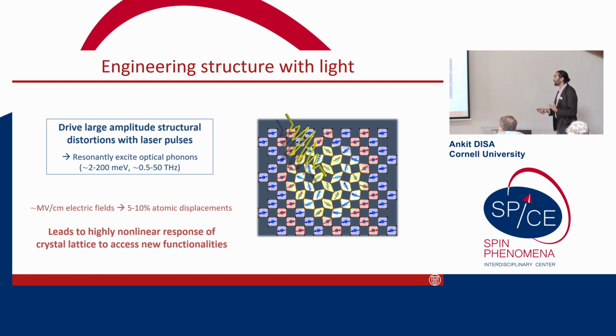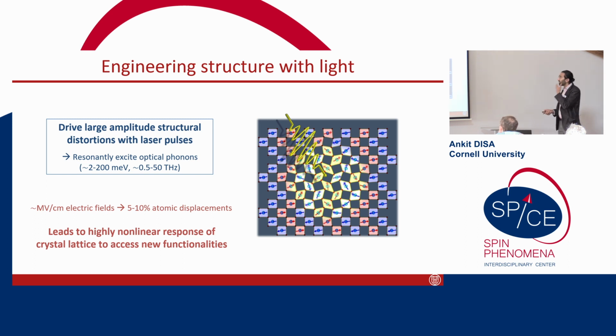And this can lead to essentially atomic displacements on the order of 5 or 10% of the equilibrium bond length, right? And so with these huge atomic displacements, the response of the crystal lattice is highly nonlinear, and that allows you to access new crystal structures that don't exist in equilibrium, which then come along with new electronic and magnetic properties. This is the generic idea.